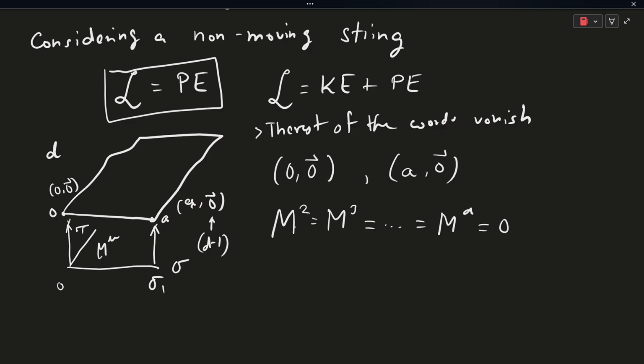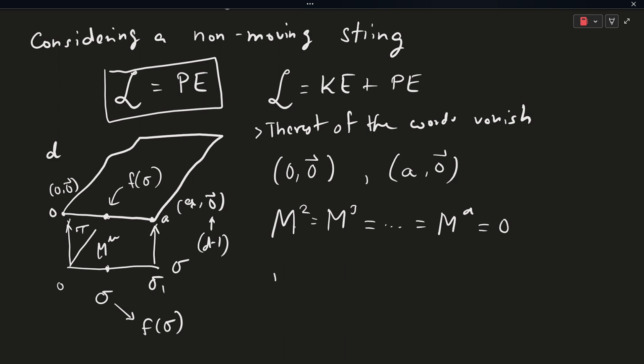Okay? And for each sigma inside here, so let's say this point over here, there is an associated f of sigma on the world sheet. Okay, so again, this is some reparametrization I'm doing.